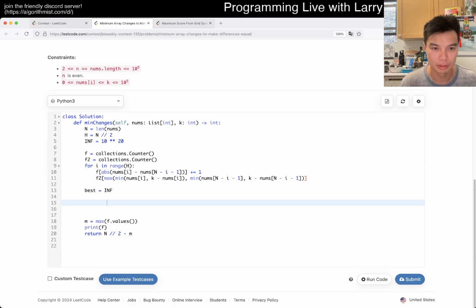And then we can do something like, for key in f keys.